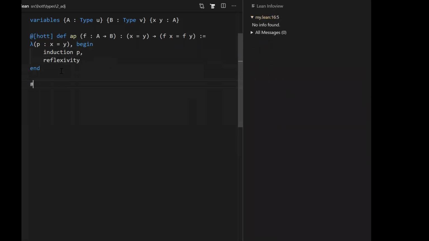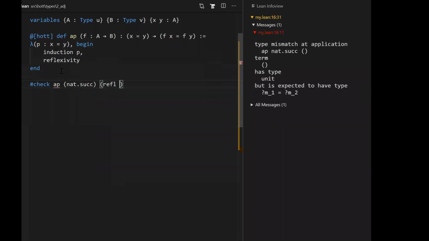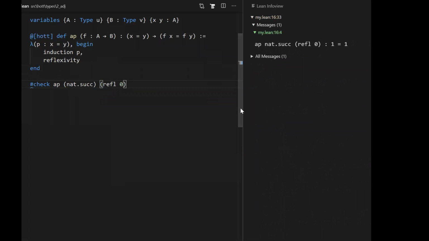I can check that this AP function works, for example, by using the successor function on natural numbers with a path of 0 equals 0. And we see that if we do this, we get a path that 1 equals 1. One thing to note is that Lean helps us figure out certain computational rules.